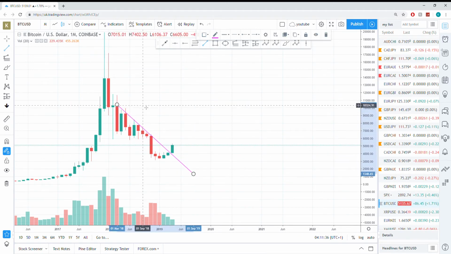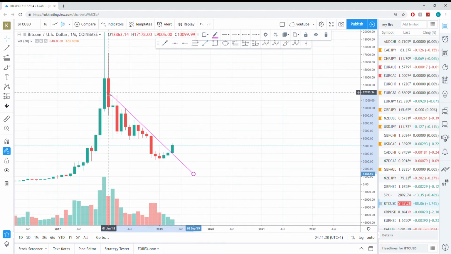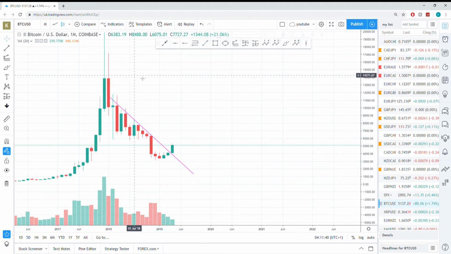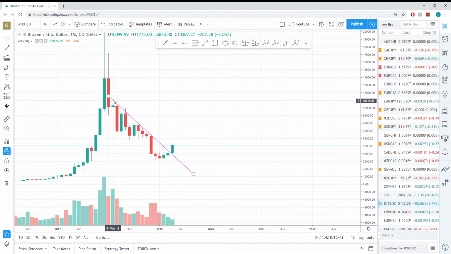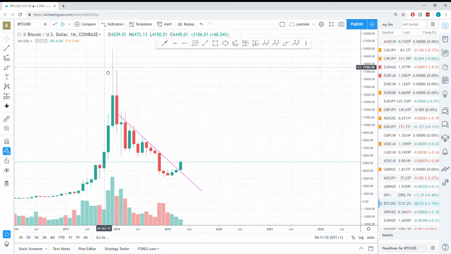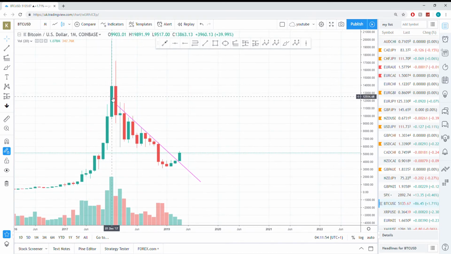So as we can see already, just from this one trend line, it's very significant. Price has obviously respected it very well. We've been in a downtrend since January 18th. Everyone had that big crash. I know I felt it. Crazy amount of volatility that month.